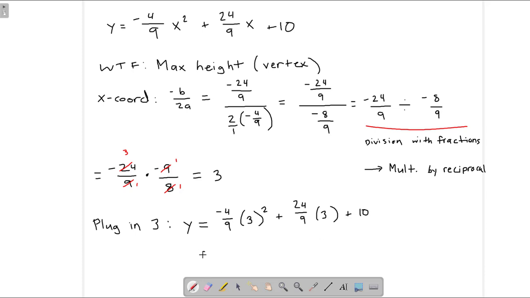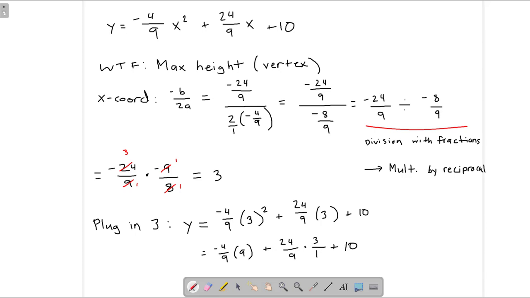And so we'll simplify that. Negative 4 over 9, 3 squared is also 9, plus 24. I'll rewrite this part too. 24 over 9, this is times 3 over 1, plus 10.